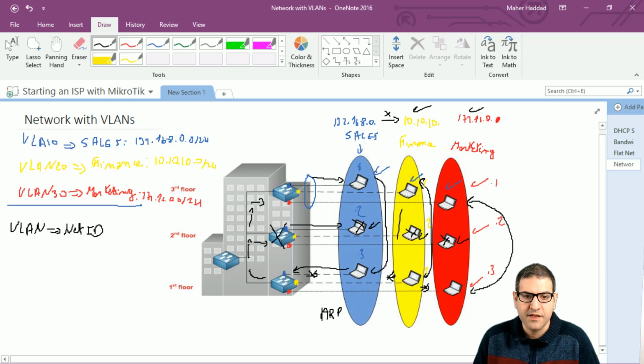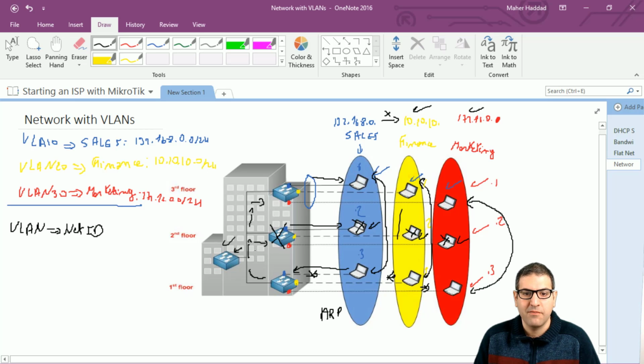So we don't have a single point of failure where, if a switch goes off, the whole department goes offline. That's not the case here. At the end, all switches are connected to the main switch, which is here. So if this goes off, those two are still functioning because they are connected to the switch. So this problem is also solved.